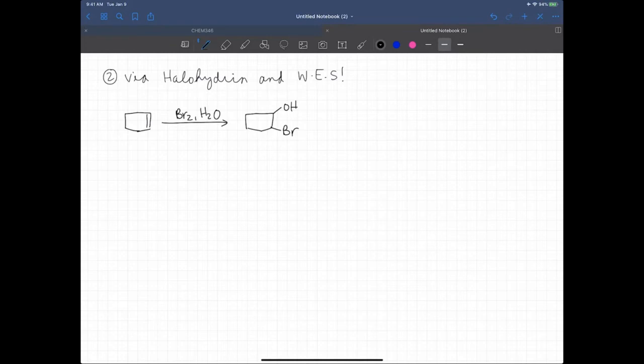So now, do you notice this? These were the conditions for Williamson ether synthesis. You have an alcohol, you have an electrophile here, and you have the leaving group here, right? So all you need to do is just treat it with a strong base. And what happens as a result is you get an epoxide.